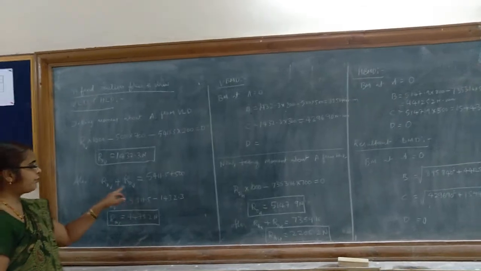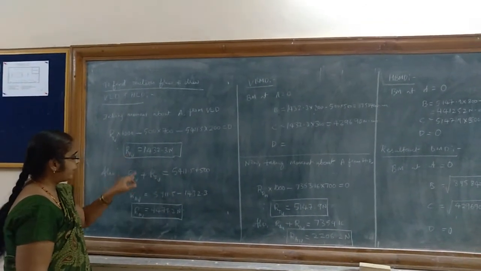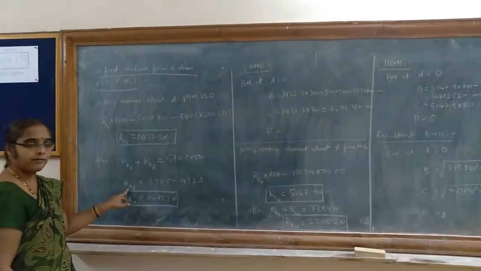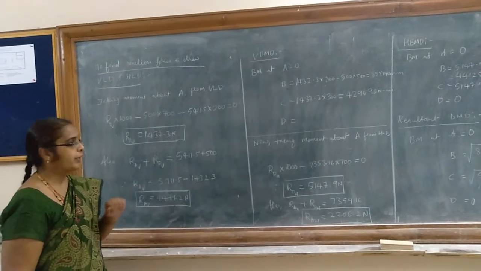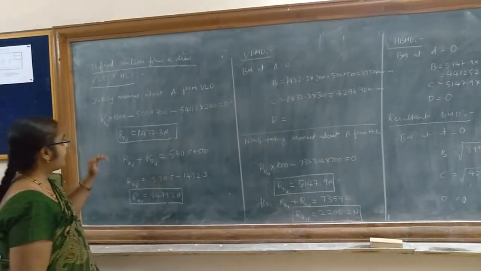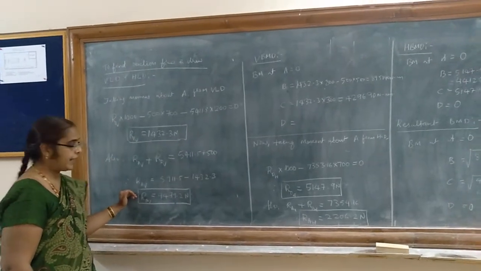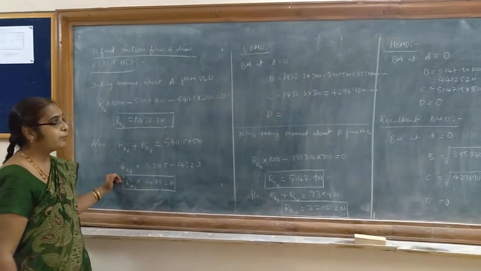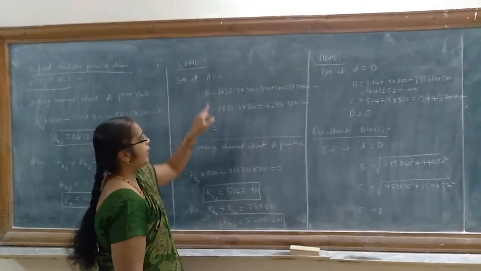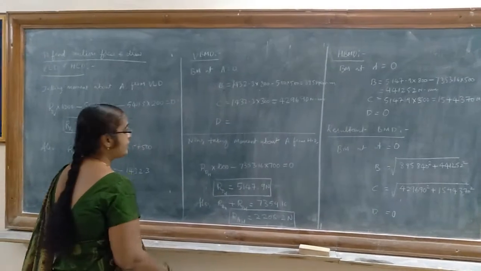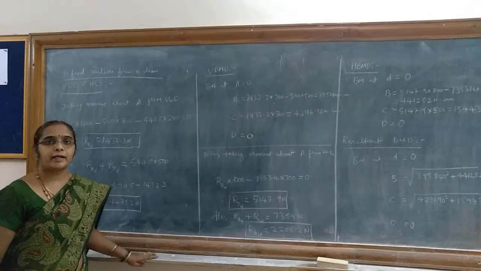Now that I know the value of RDV, substitute it here and you can find RAV, which comes to be 4479.2. So now I know the reaction forces at D and at A for the vertical load diagram. Now I can draw the vertical bending moment diagram. At A and at D it will always be equal to 0, because at the supports the bending moment will not be there.